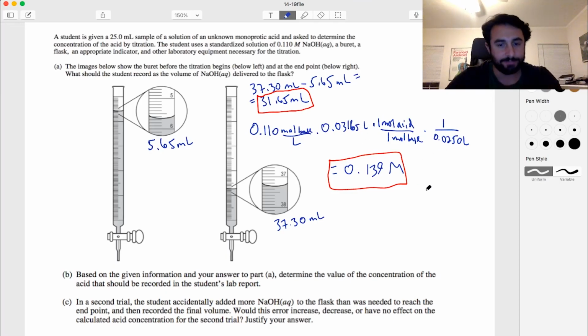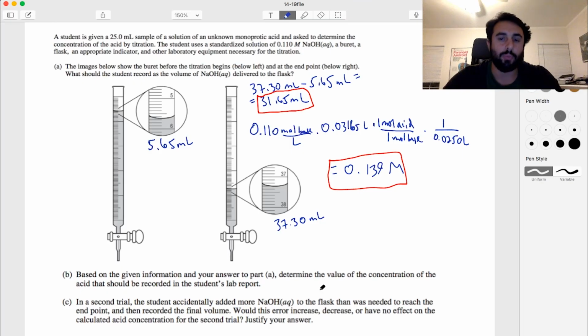So that's part B. Then C, in a second trial, the student accidentally added more NaOH to the flask than was needed to reach the endpoint, and then recorded the final volume. Would this error increase, decrease, or have no effect on the calculated acid concentration for the second trial?